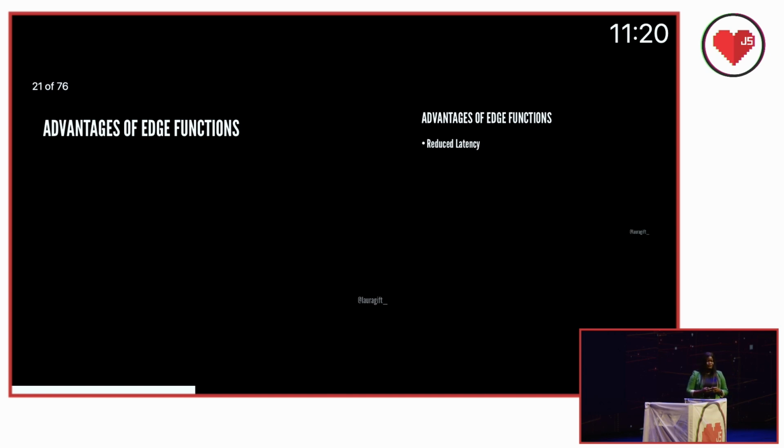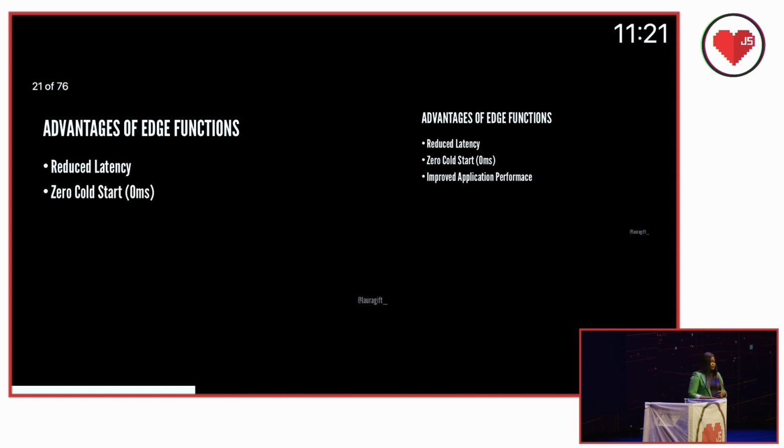What are some advantages of edge functions? First, of course, the main character here is reduced latency, meaning that, going back to my example, your application or your function or your backend code is deployed across several regions, so when a user tries to use your site, they don't experience latency, because this problem is solved with edge functions.